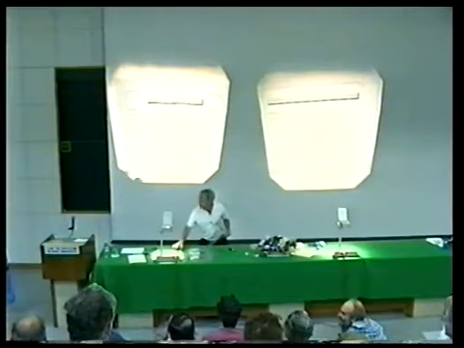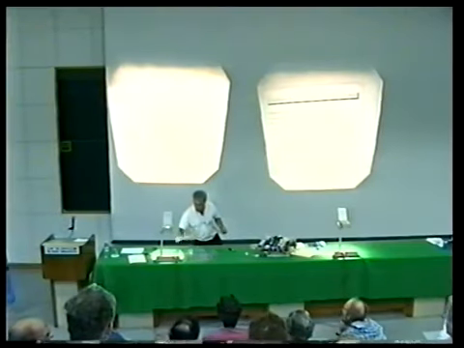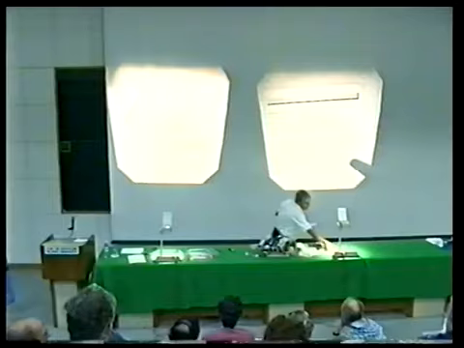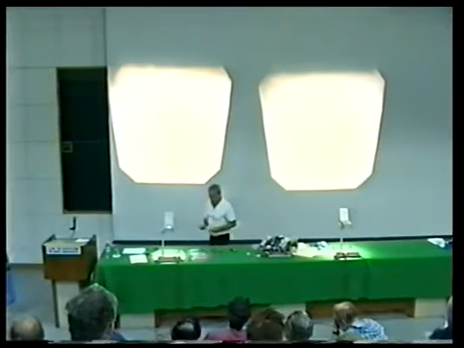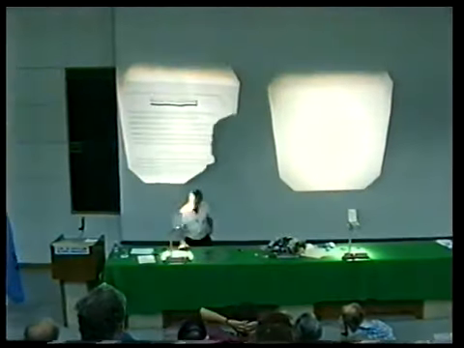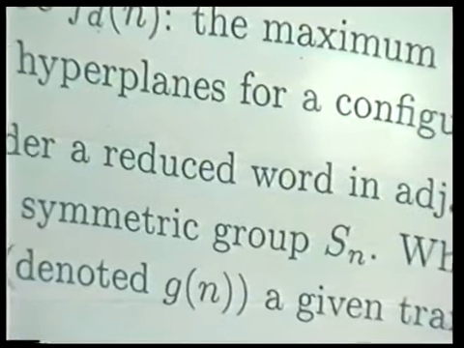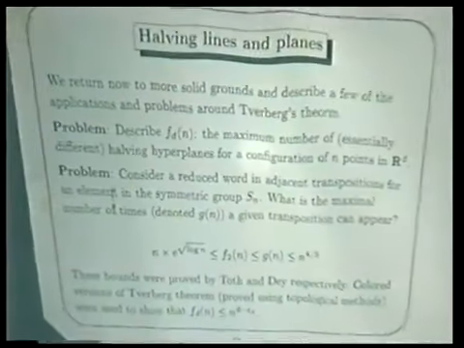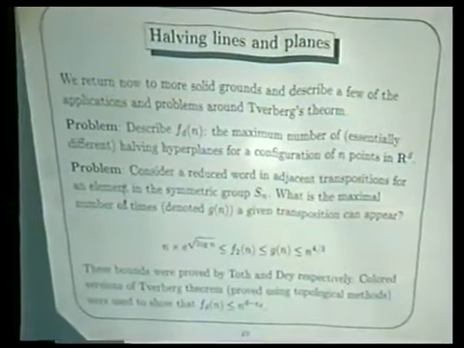Okay, so let me, to conclude my lecture, come back to some more solid ground, other applications of Tverberg's theorem. I should say this subject deserves an entire lecture, and it's a little unjust just to mention it at the end.